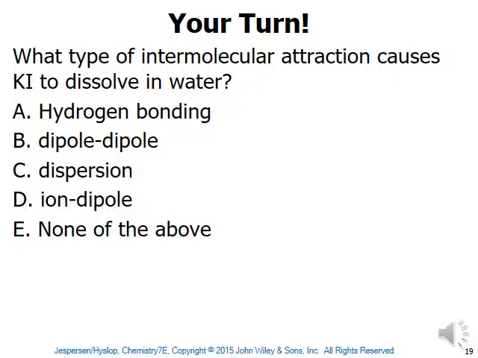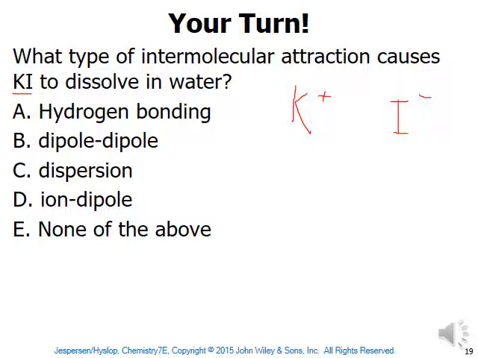Okay, what type of intermolecular force causes KI to dissolve in water? All right. So KI is potassium iodide. It's an ionic compound, and when you put it in water, the water breaks it apart into two ions.